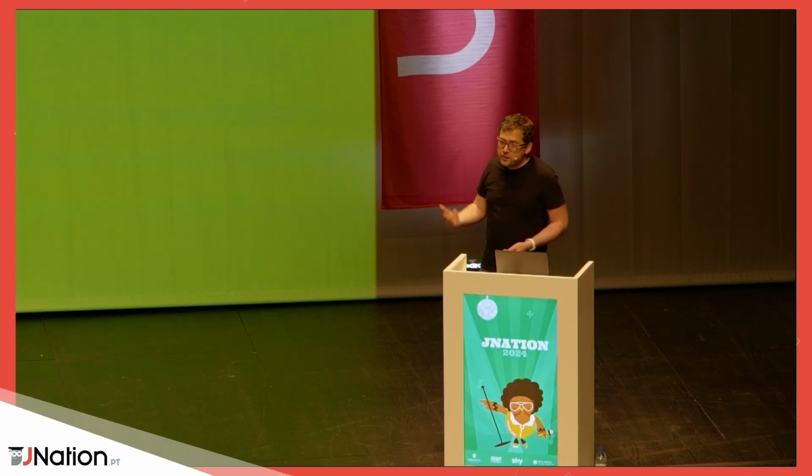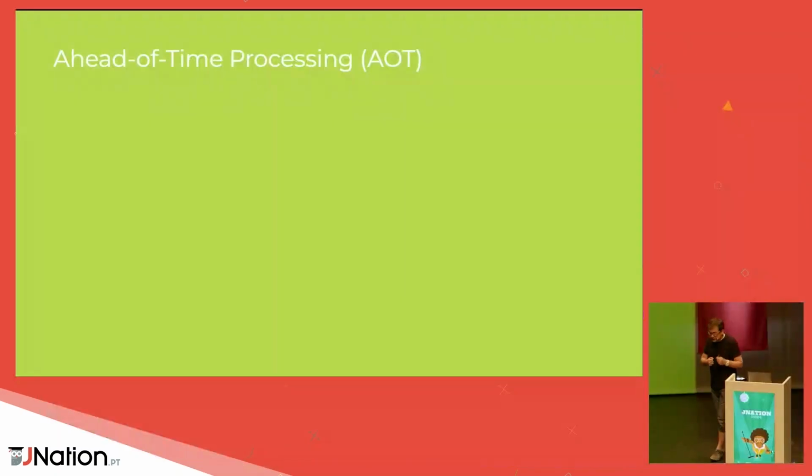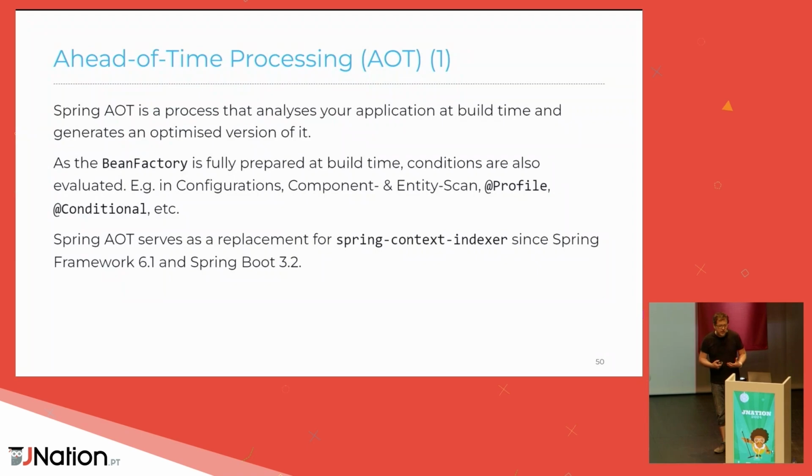Now, talking about another thing, and this is something important because you should add that immediately to your application, is ahead of time compilation. Ahead of time processing is a step where, when you build your application, code is generated for you. AOT is often used in combination with Graal native images, but you can use it without the Graal native images.